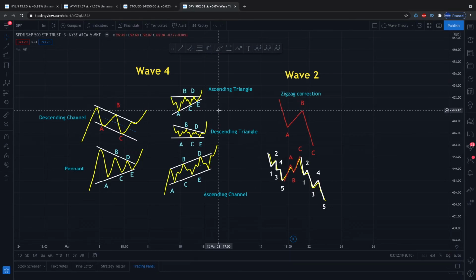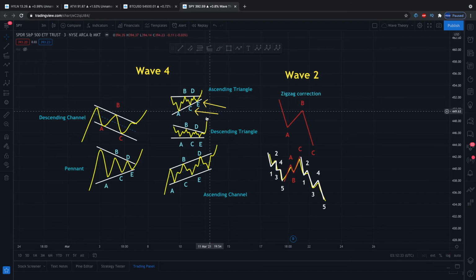Typically, if you're trading triangle patterns, you want to buy in on these bottom waves. For example, you would want to buy in on the C wave or possibly even the E wave. Another way to trade is to wait for this breakout, and once it breaks out, then you get into the position and cash in on the wave 5.